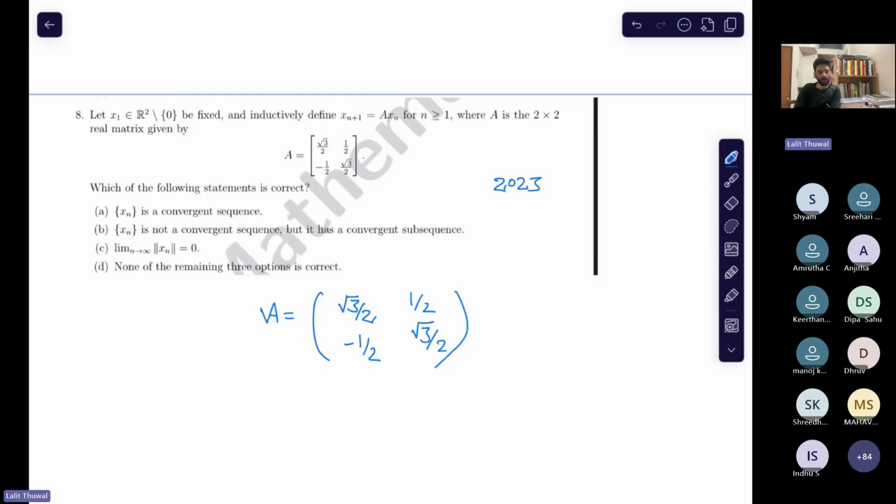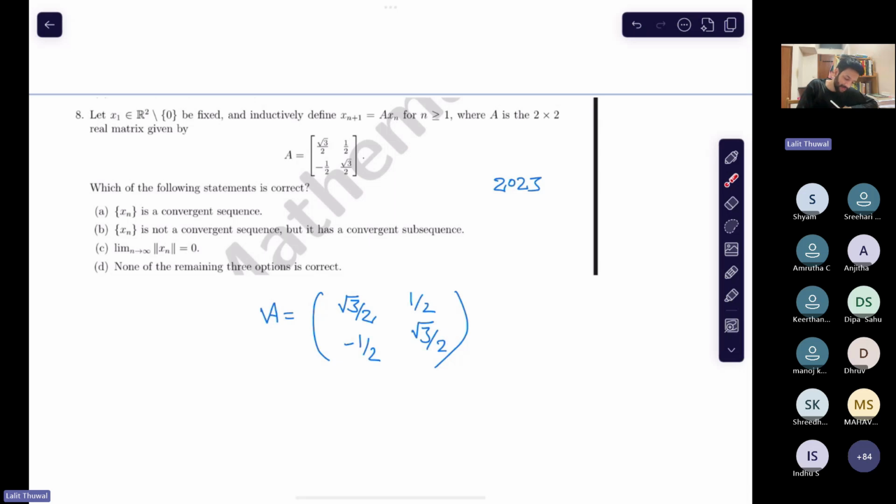Could you note something about this matrix A? If yes, raise your hand. Something special. Okay, rotational matrix.